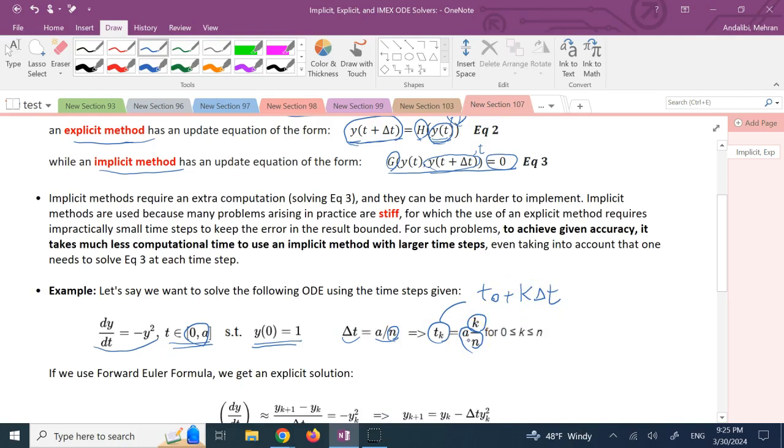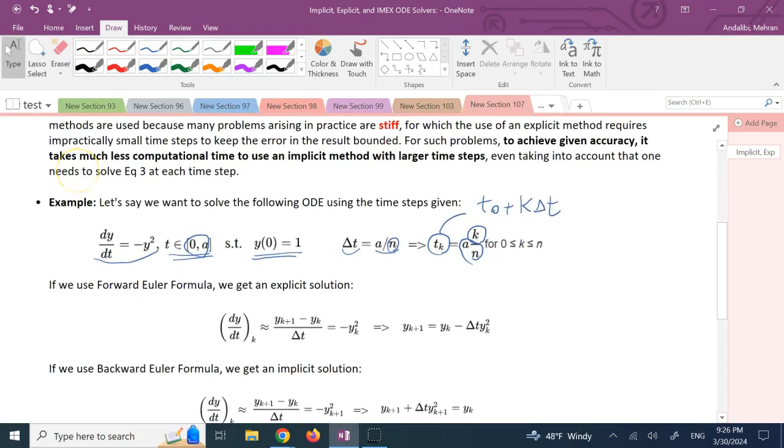So now, if we use the forward Euler formula or forward finite difference to approximate this dy over dt, we can say that this dy over dt at step k is approximated by the forward finite difference, which is y at k plus 1 minus yk divided by delta t.